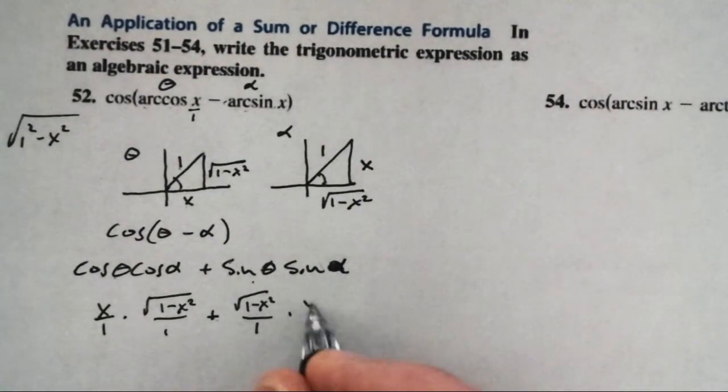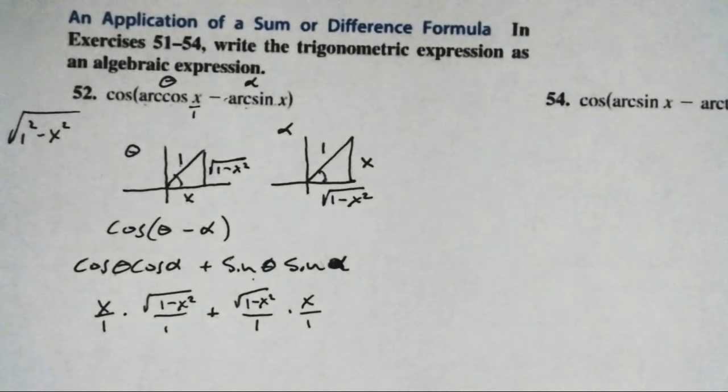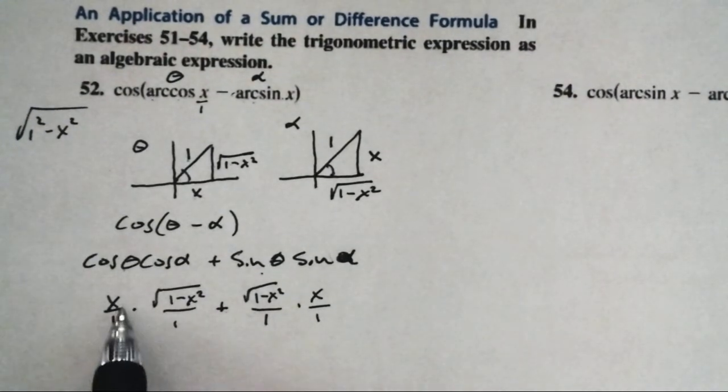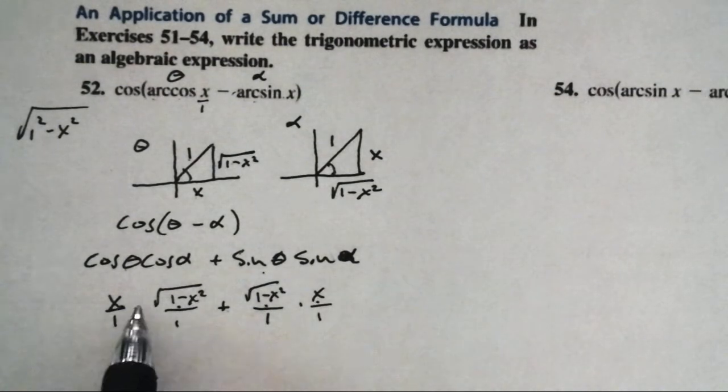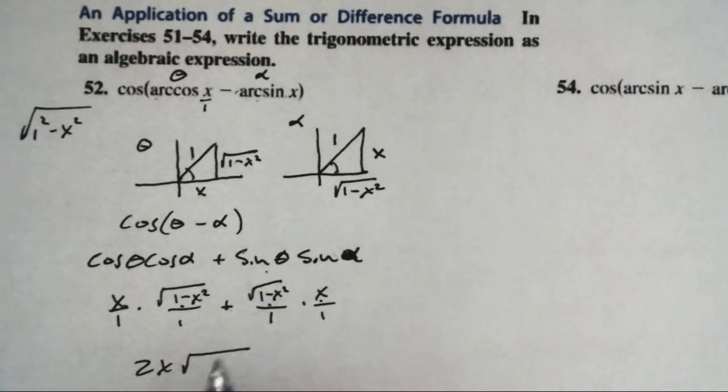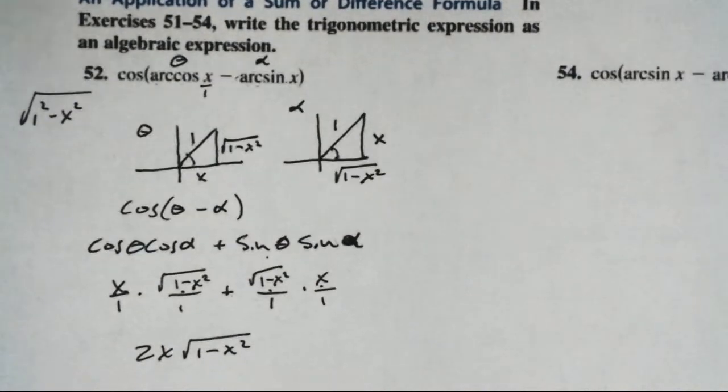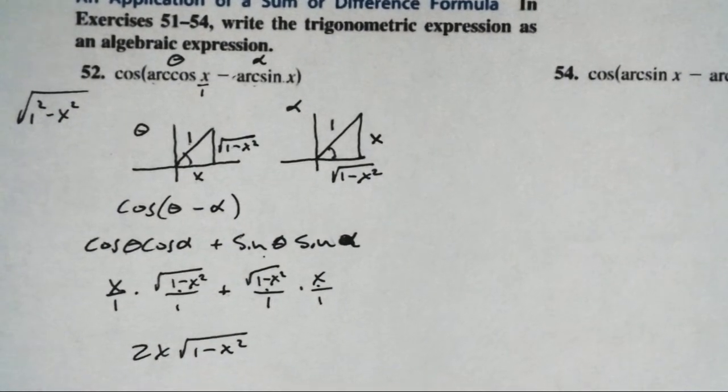Sine phi, I'll bet you saw that, x on 1. And if you notice everything's on 1s, that's good news. And here I've got an x times this thing and an x times this thing. I have two of these things. 2x times square root 1 minus x squared. Okay?